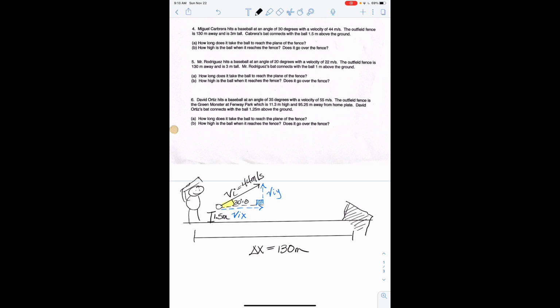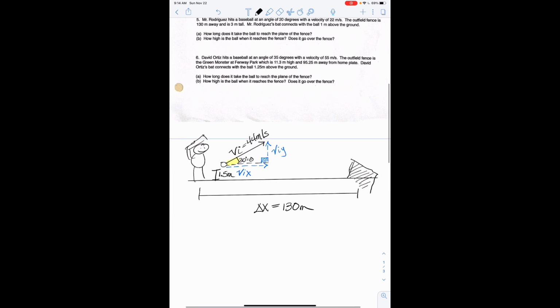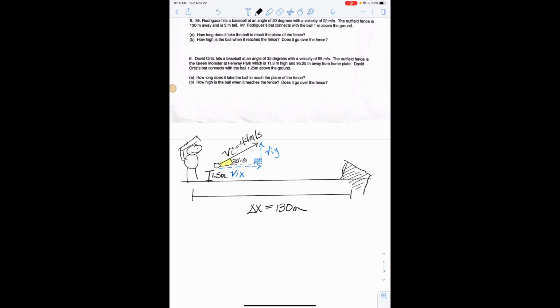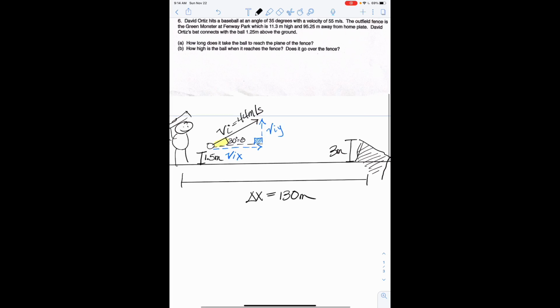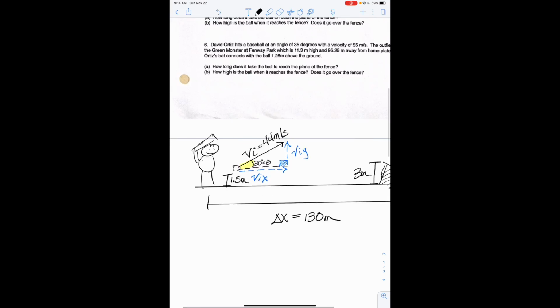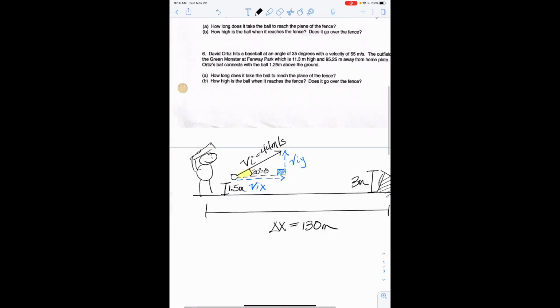So it's more like the ball's initial position, yi, is 1.5 meters. I'm actually going to come back to that later. So right now I'll just draw it in, and then we know that the height of the outfield fence is 3 meters. Once again, not labeling it delta y because that's the change in the ball's position. It's all about the ball in this problem. All right, and I think that's it.